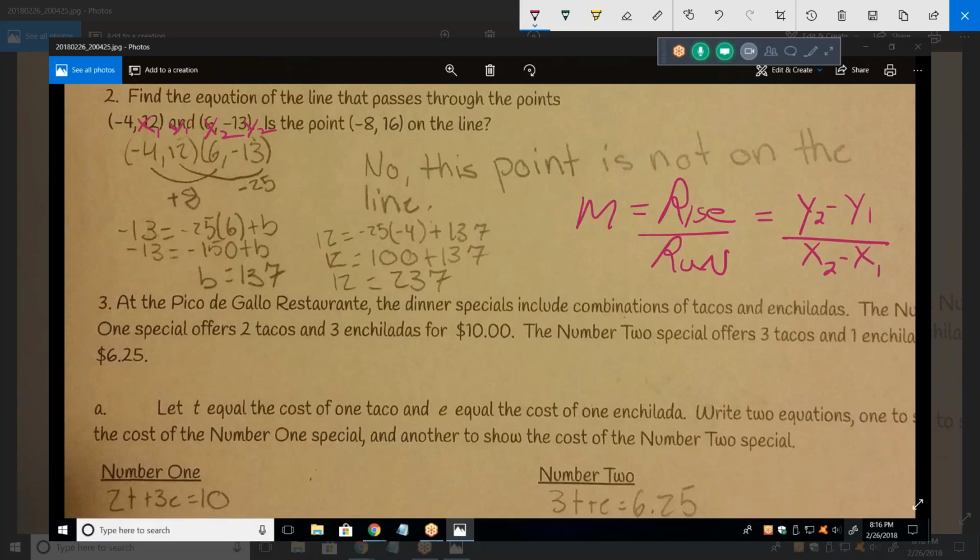Tell me what y sub 2 is minus y sub 1. Plus 25. No, you got it right here. That's correct. What it is minus 13 minus the 12, which is minus 25.